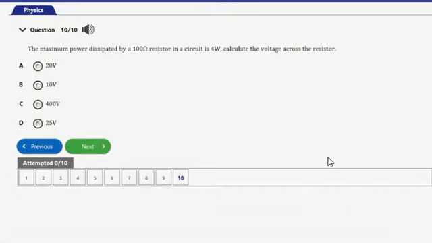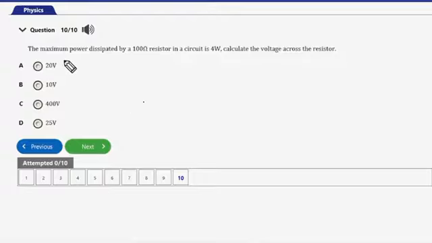So that's question number 10 here. It says the maximum power dissipated by a 100 ohm resistor in a circuit is 4 watts. Calculate the voltage across the resistor. So guys, in order for us to calculate this, we have to first of all state that the power is voltage squared over the resistance.